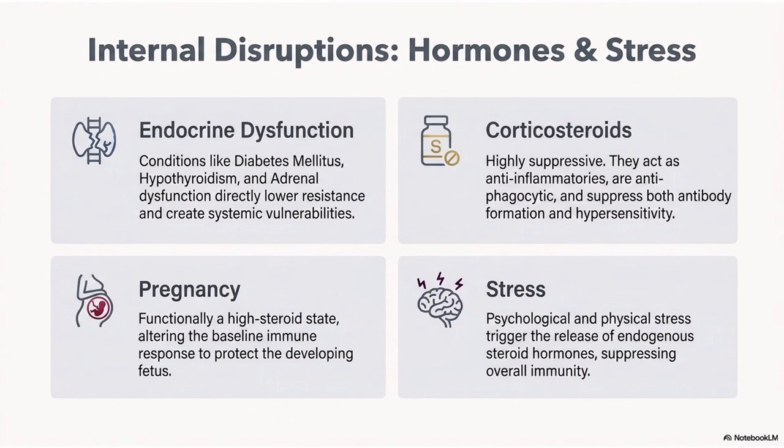That steroid state is to maintain the fetus, but there is also a higher chance of developing infections. Regular use of corticosteroids for any other infections or inflammatory conditions can also decrease the immune response in the body. And most importantly, which is more relevant now, is psychological and physical stress that can release steroid hormones, and it can bring down the overall immunity in a patient.